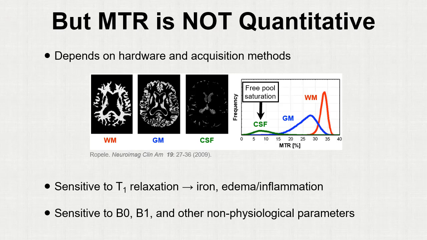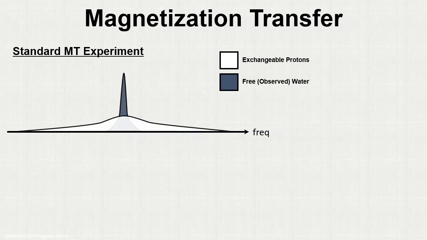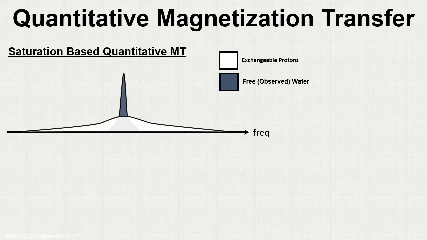So we have to transition now to the idea of a quantitative magnetization transfer experiment. You saw this at the very beginning, which is the magnetization transfer ratio. We provide an RF irradiation at one power, we saturate the solid phase, and we have a reduction in our signal. Now let's turn our attention to quantitative magnetization transfer, where we have the same setup and the same model in the back of our head, although it's a bit simplified, certainly.